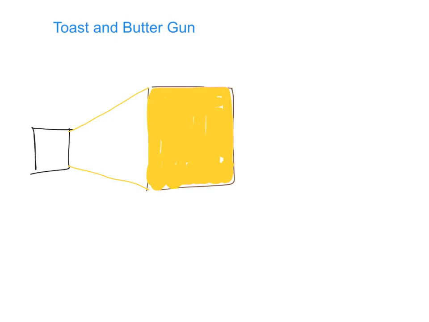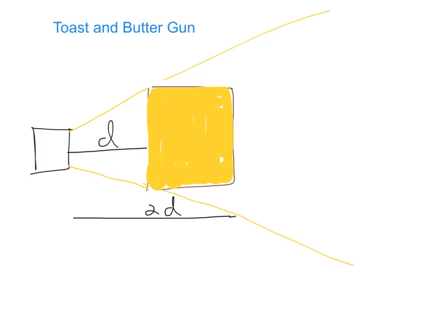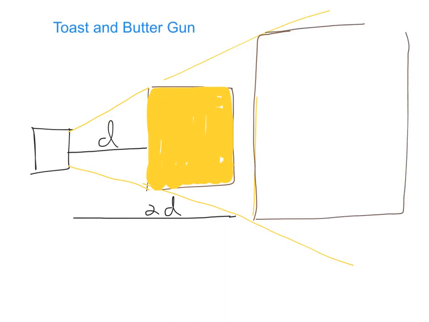And let's just call this distance D. Now if we go twice as far away, so if this is 2D, I'm going to be able to fit, if I'm following this line, make my toast brown, four pieces of toast.